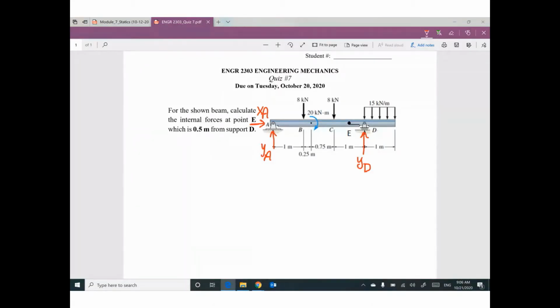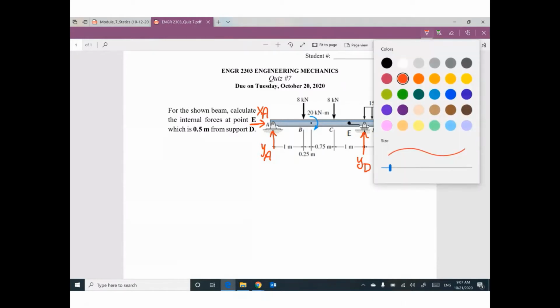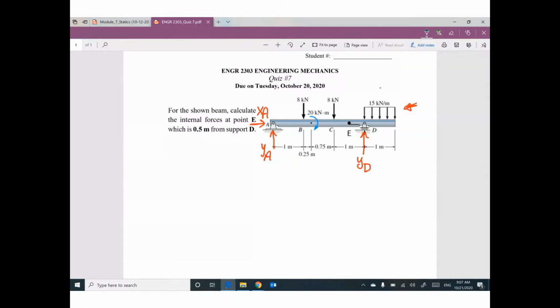Uniform distributed load. Do you remember that in module number 5? If you have a uniform distributed load, I'm going to assume we have an equivalent value here. How much? 15 times 1 meter equals 15 kilonewton.